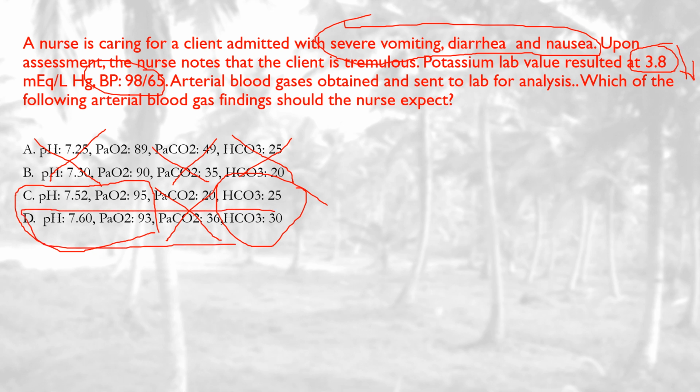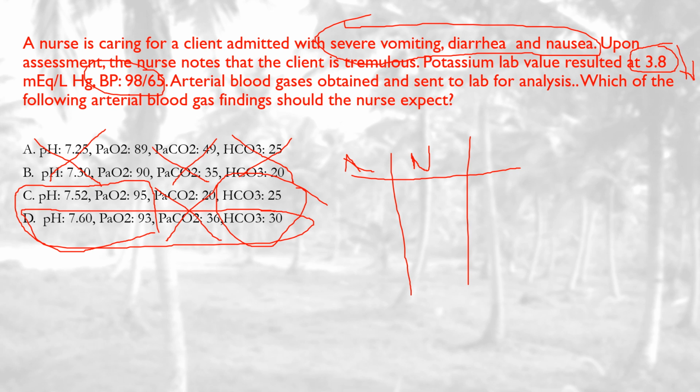So this is going to be metabolic alkalosis. If you really want to check your answer, you can do the tic-tac-toe method again, to see if it aligns. The pH is always going to align with the imbalance, metabolic or respiratory.